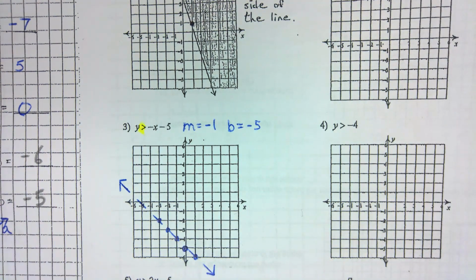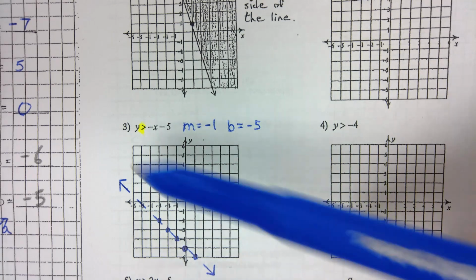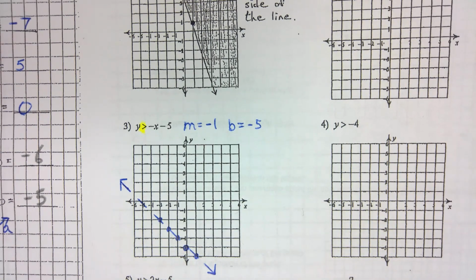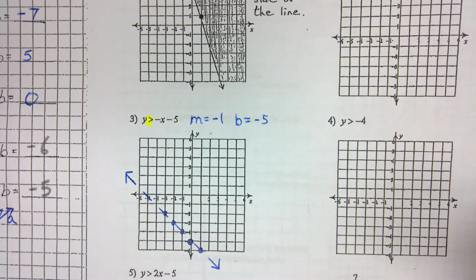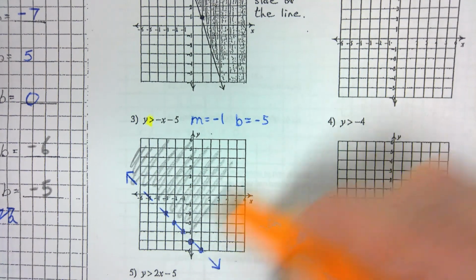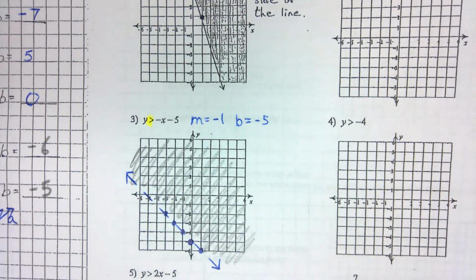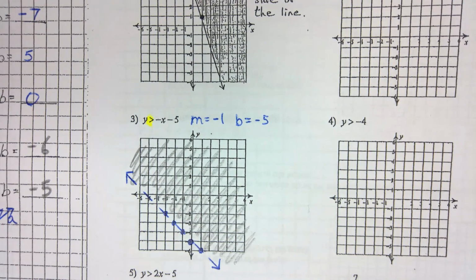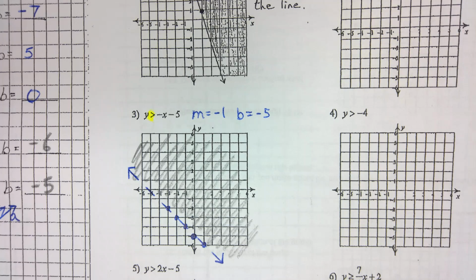Okay, and how should I shade it? Am I shading above it or below it? Because it's an inequality, I have to shade it in, and I'm shading which part? Above, because it's greater. And if it's less than, then we shade below.